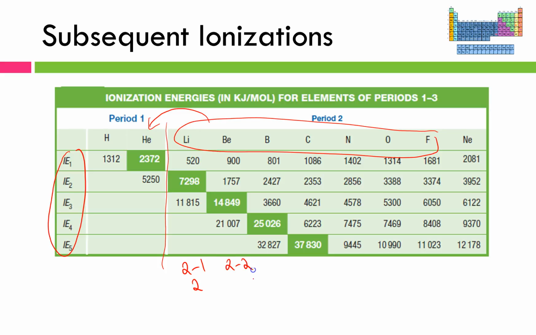Beryllium starts off 2,2, goes down to 2,1, then to 2, and you see the same thing happening. So basically this is telling us that once an element has the same electron configuration as a noble gas, it's going to be really stubborn about giving up electrons.